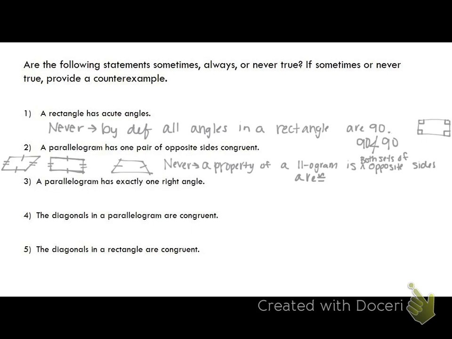Supplementary. So the word that trips it up here is the exactly one. If it had said that a parallelogram has four right angles, that would be sometimes, right? Because that's when it's a rectangle. Do you guys see that? But since it says exactly one, it's never, because if it has one right angle, it will have four right angles because consecutive angles are supplementary.